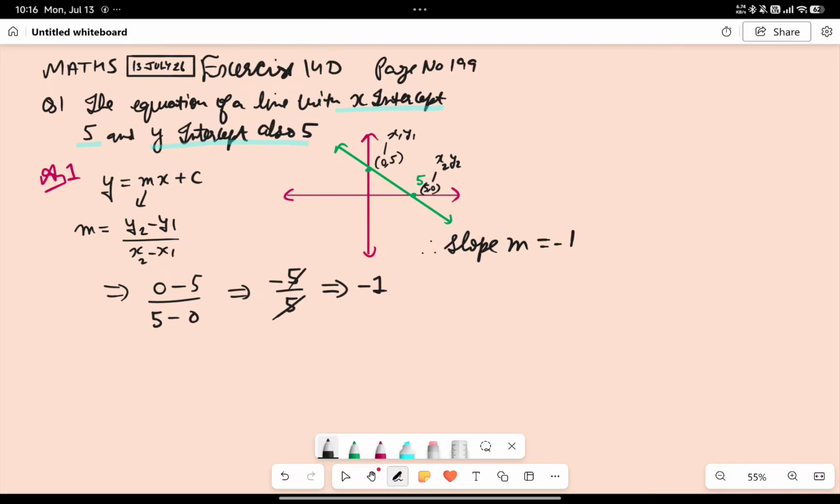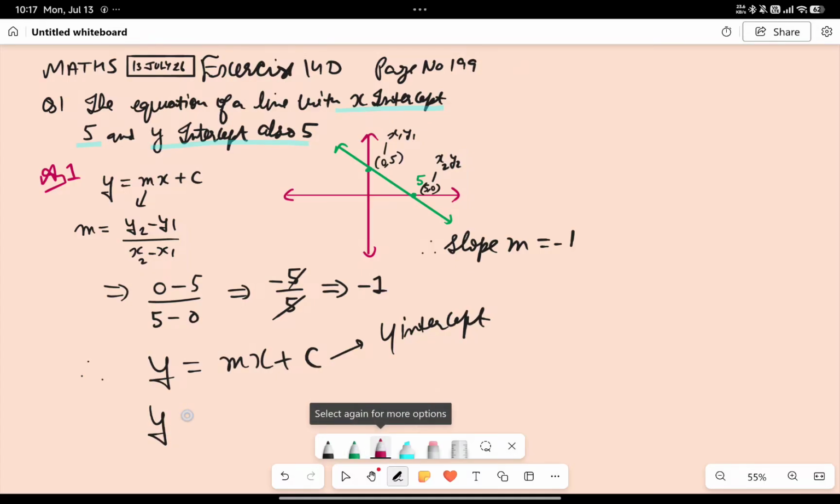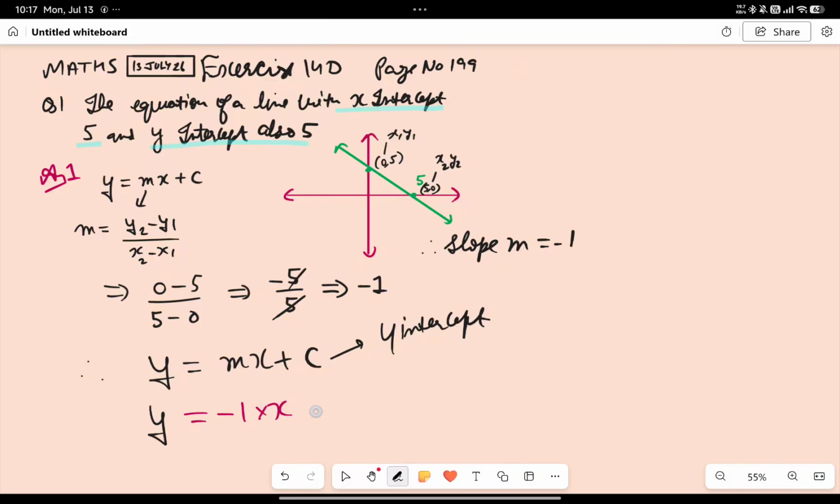Now, therefore y equal to mx plus c. c is already known as the y intercept. Now putting these values, y equal to m is minus 1 times x plus 5.